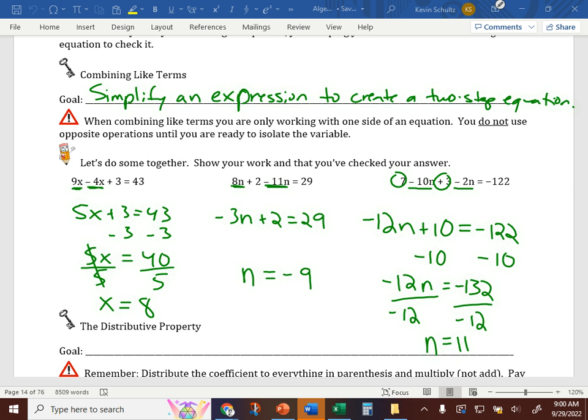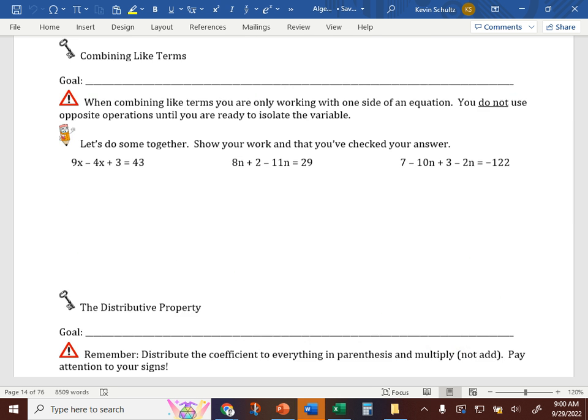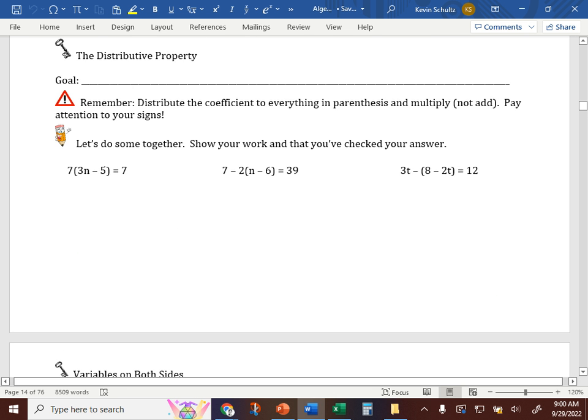Next up is the distributive property. What's your clue that you're going to need to distribute when you're looking at an expression or an equation? You see this, and you're thinking, I've got to distribute. Katie, parentheses. And what does the distributive property do? It eliminates parentheses.